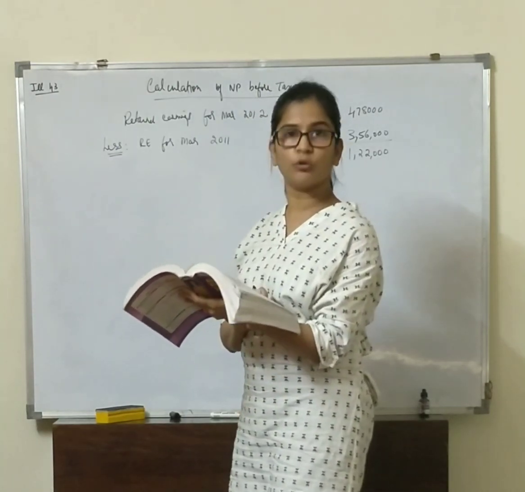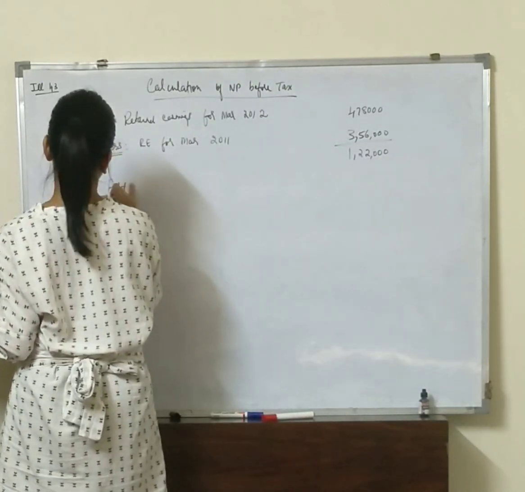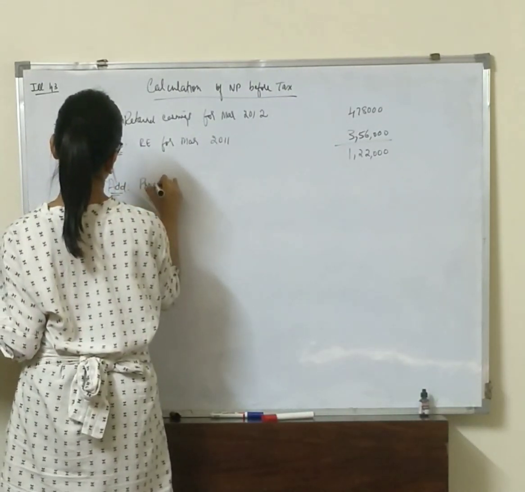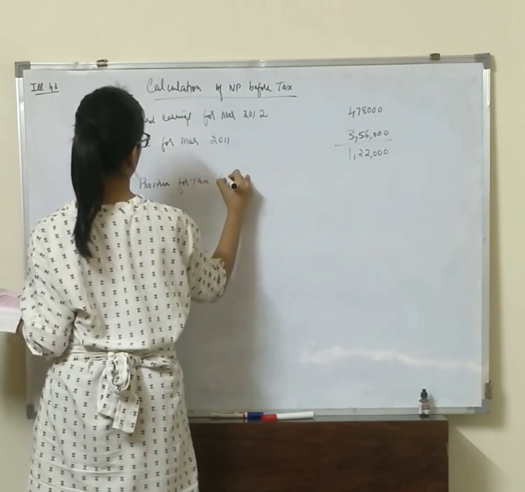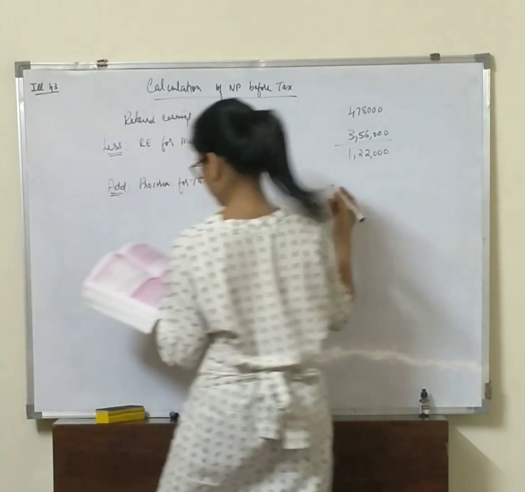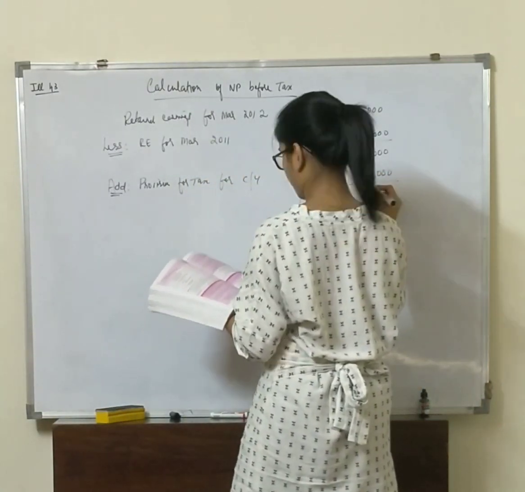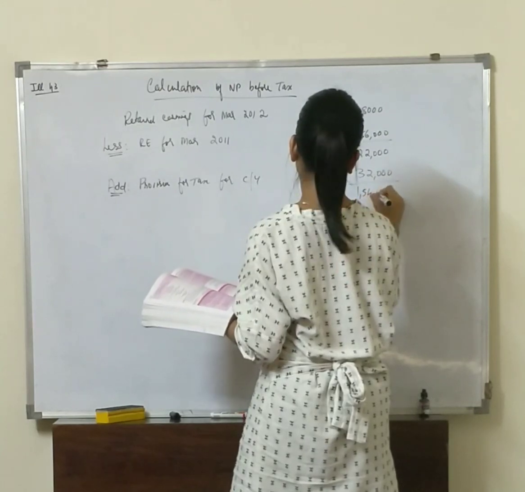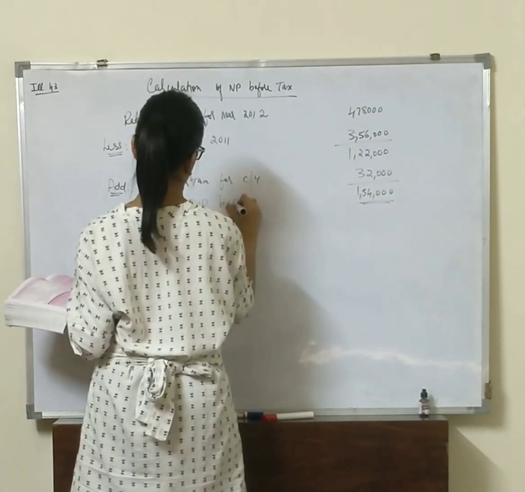That is point number 4 in the additional information. So we will add provision for tax for current year. How much is it? 32,000.